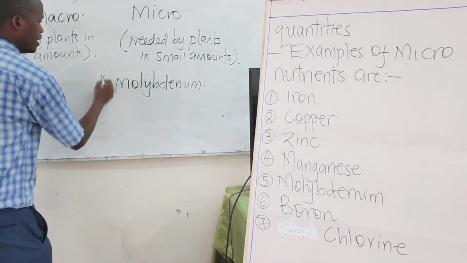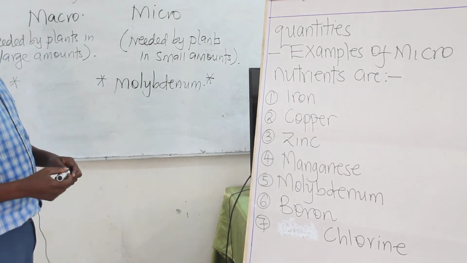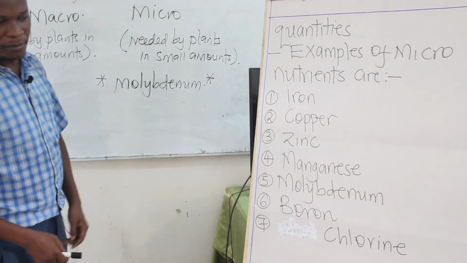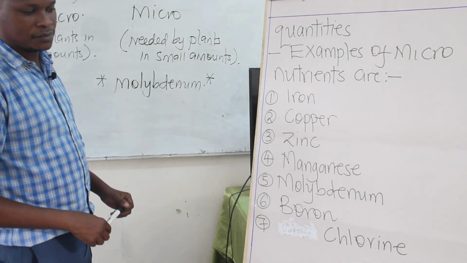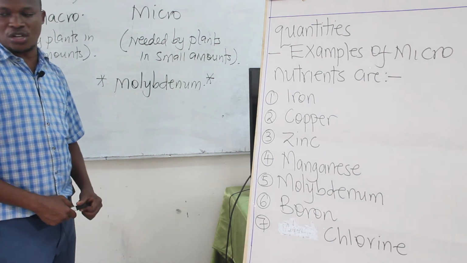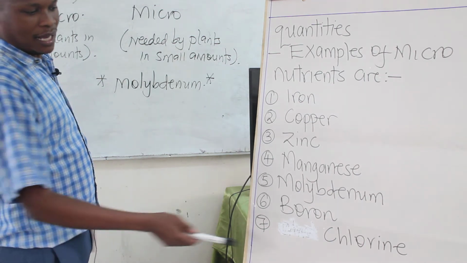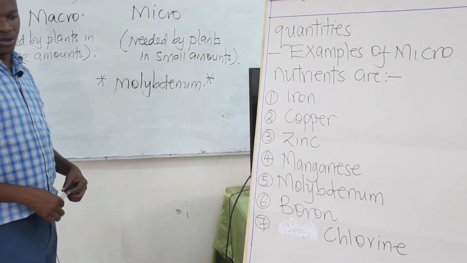Try to pronounce that word. It is known as molybdenum. Then 6, boron. Boron is another micro plant nutrient. And lastly, chlorine, another micronutrient.